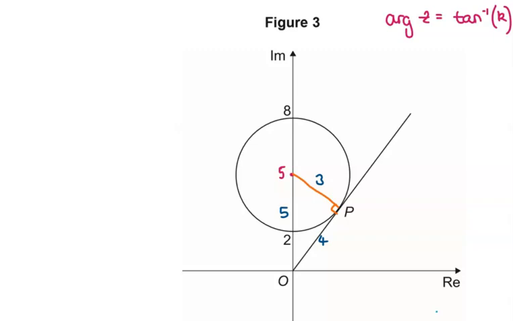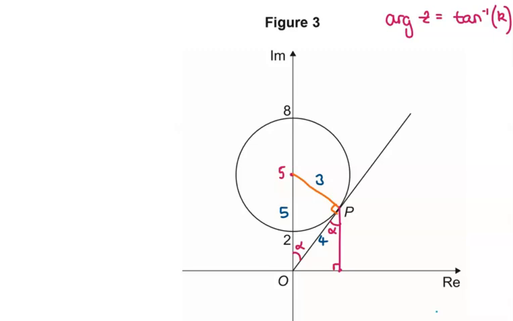Right, then on to this business of the argument of z. Let's have a look at this right-angled triangle here. If we look at the y-axis, that's parallel to this line here that goes from the x-axis up to P. So if we call this angle alpha, then that angle there is also going to be alpha.